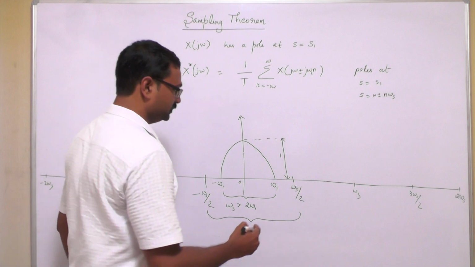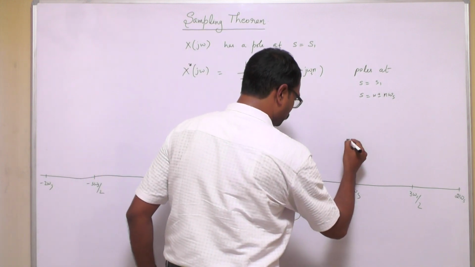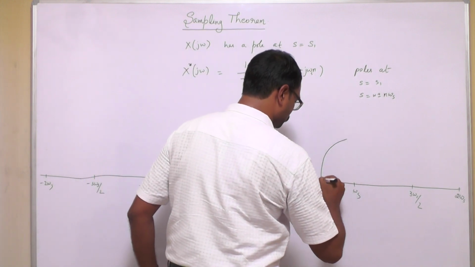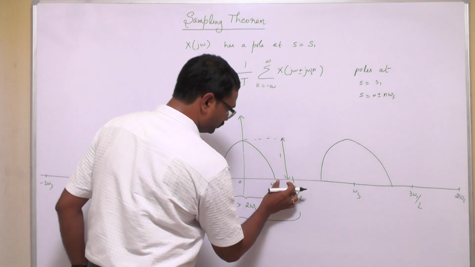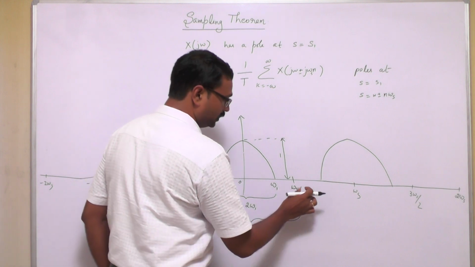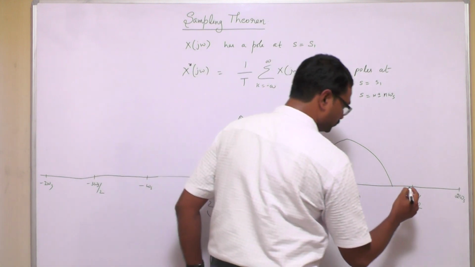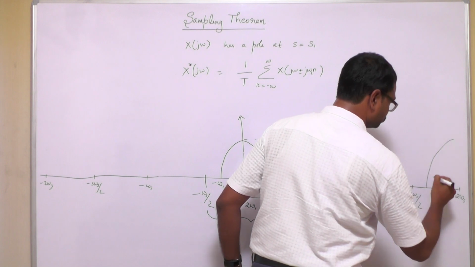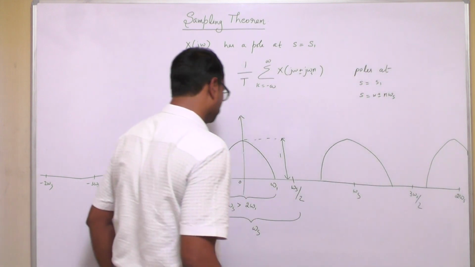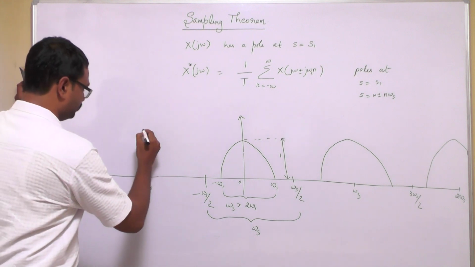You can also consider here 2ωs. Now if I consider this, I have multiple poles that are represented here. You can draw it symmetrically, the distance between ω1 and ωs/2, and these two are the same, and here also you will have signals in this form.